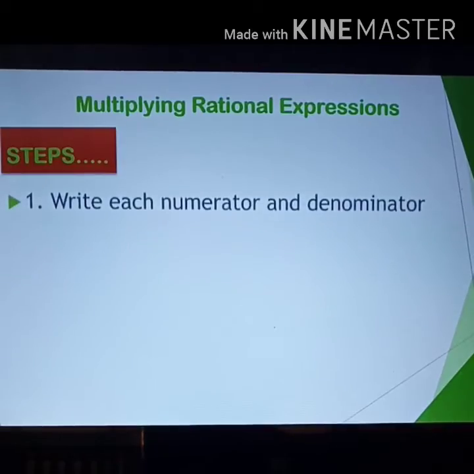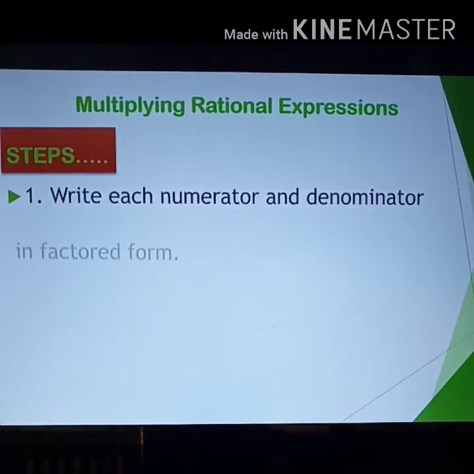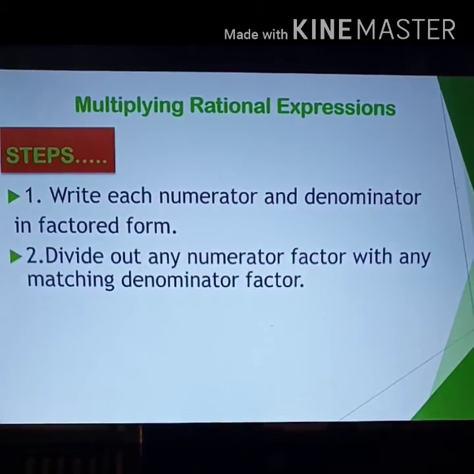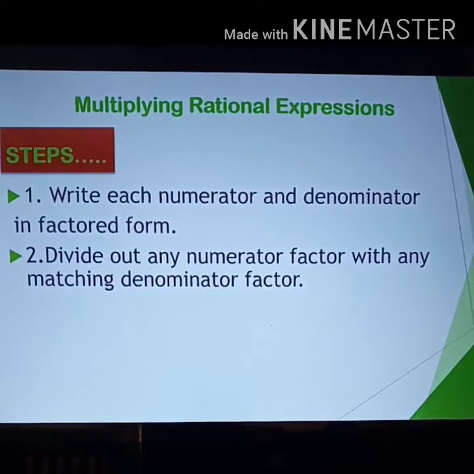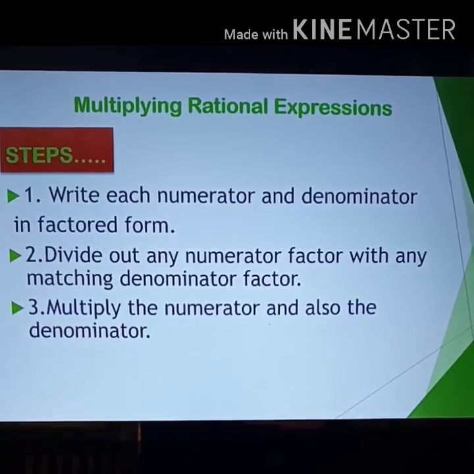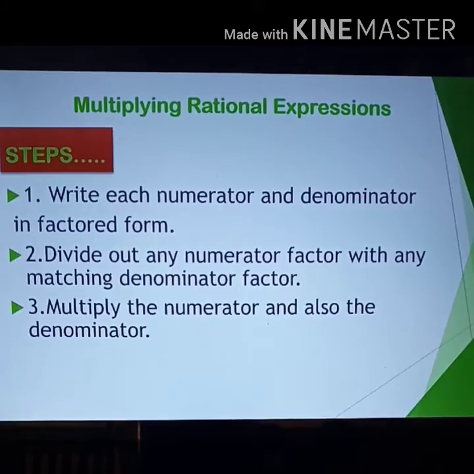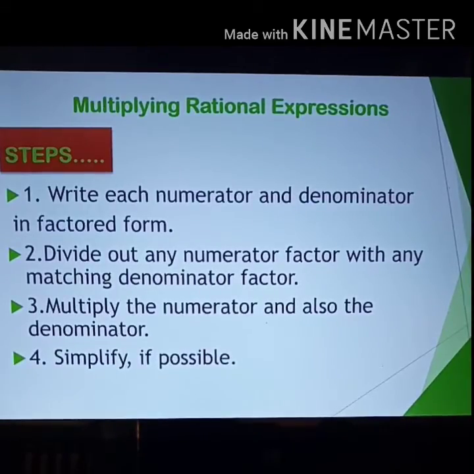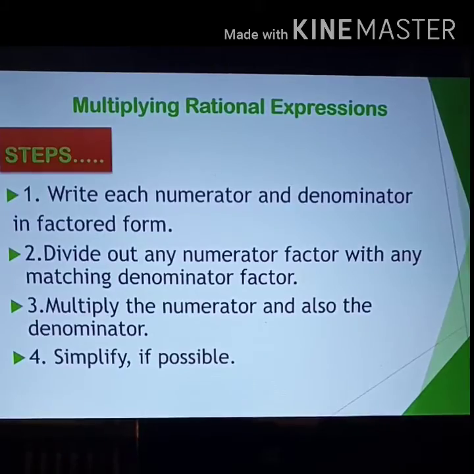Number 1, just write its numerator and denominator in factored form. Number 2, divide out any numerator factor with any matching denominator factor. Number 3, multiply the numerator and also the denominator. And lastly, simplify if it is possible.